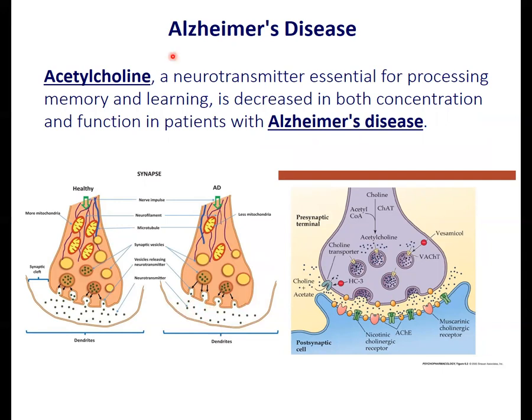So how can a drug help to treat Alzheimer's disease? Well, we said, didn't we, that normally the acetylcholine gets broken down into choline and acetate and then gets put back out of the synaptic cleft into the presynaptic neuron. The breakdown of acetylcholine in the synaptic cleft is carried out by an enzyme called acetylcholinesterase.